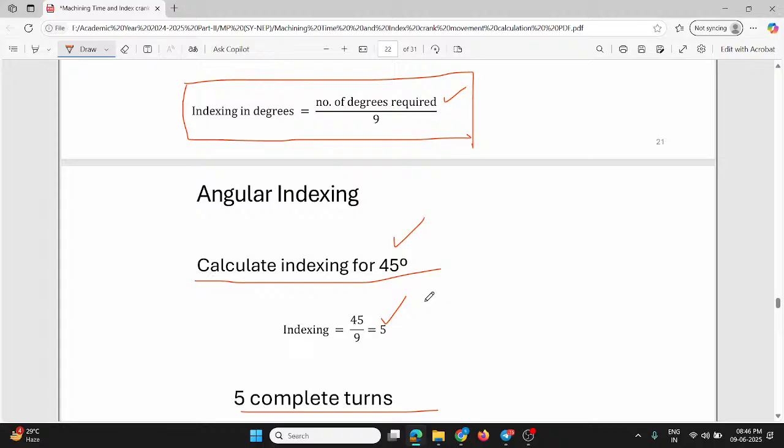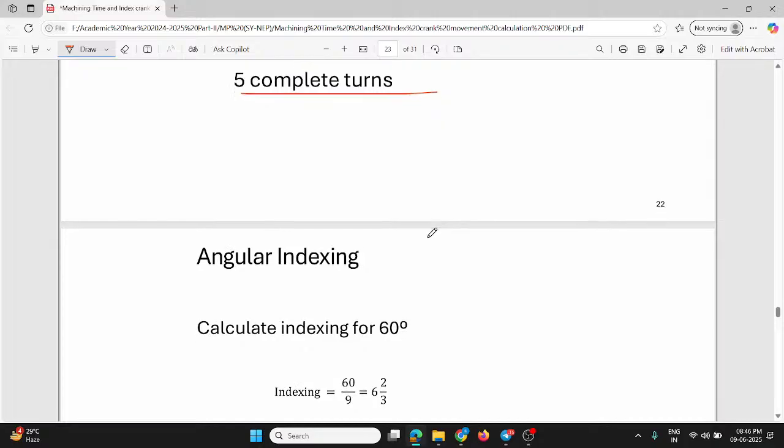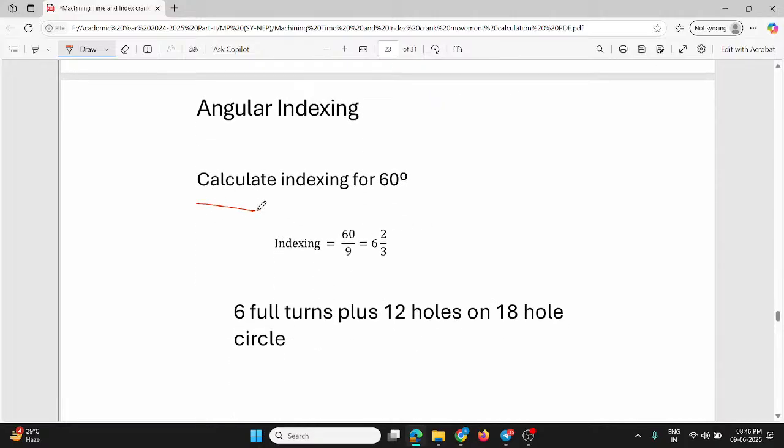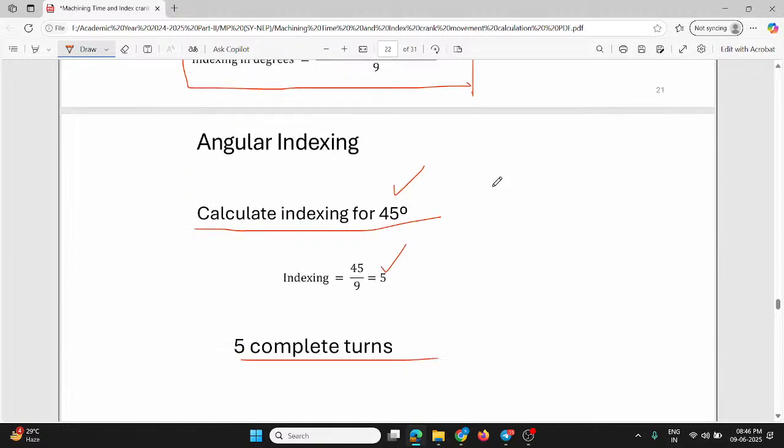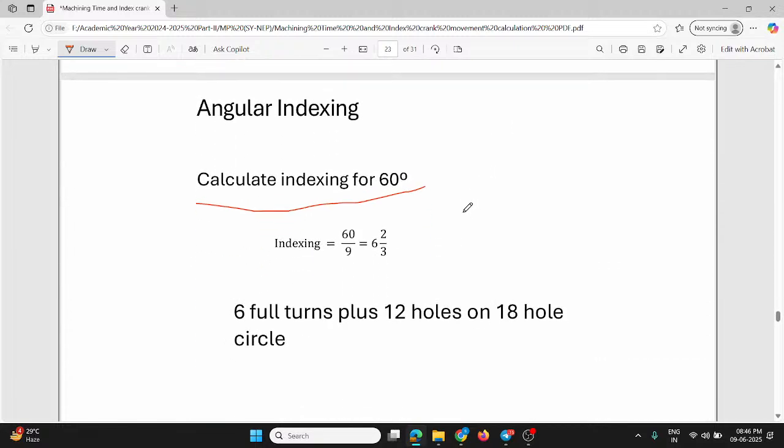Okay, in the same way, calculate the indexing for 60 degrees. Again the same formula, the number of degrees required divided by 9. So here 60 divided by 9 can be written in the same way as 6 and 2 by 3.